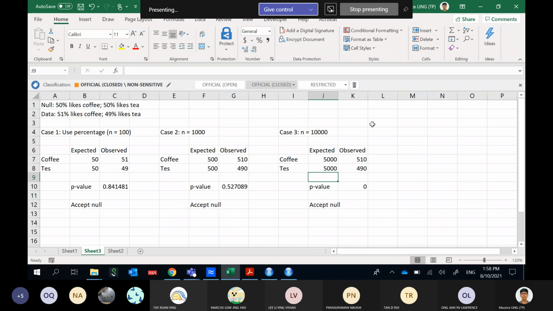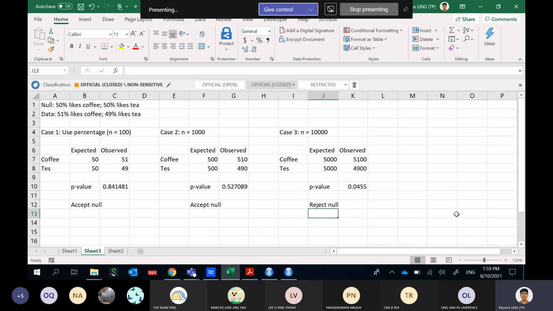Observed 5,100, 4,900. Now, do you accept or reject the null hypothesis? Correct. You reject the null hypothesis. That is the problem. Sample size is in the calculation itself. It is determined a lot by sample size.